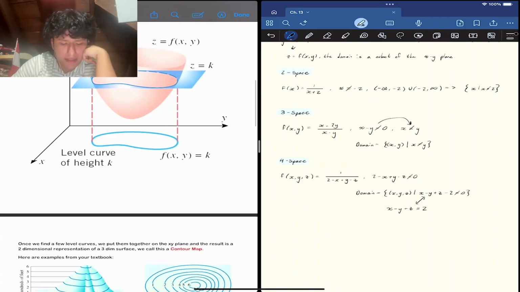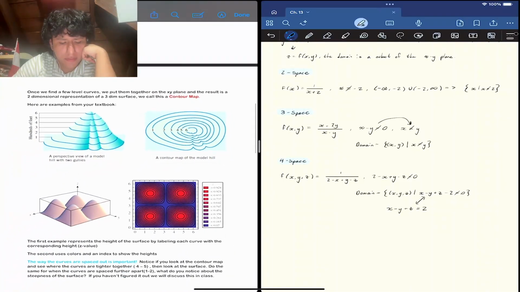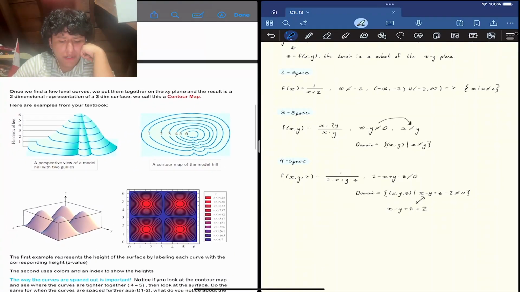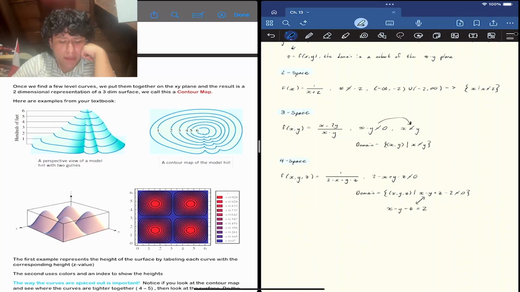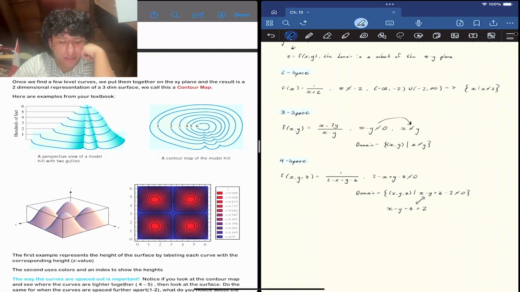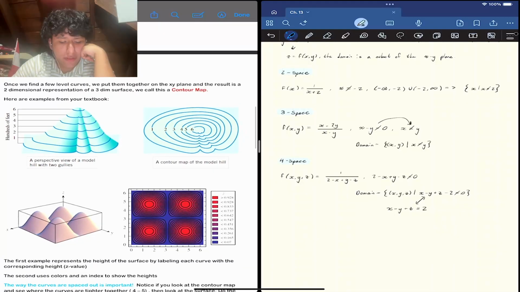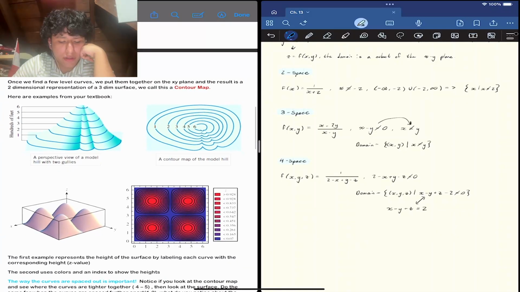Now, where's the application for that? Once we find a few level curves, we can put them onto the xy plane, and the result is a 2-dimensional representation of a 3-dimensional surface, and we call this a contour map. That's actually really cool, I'm not gonna lie.